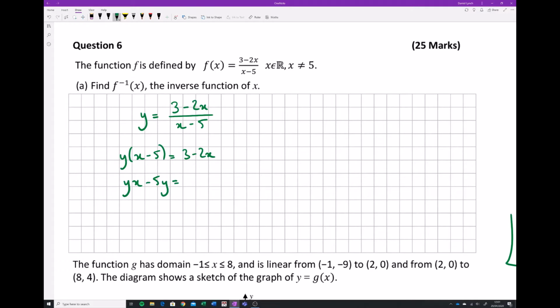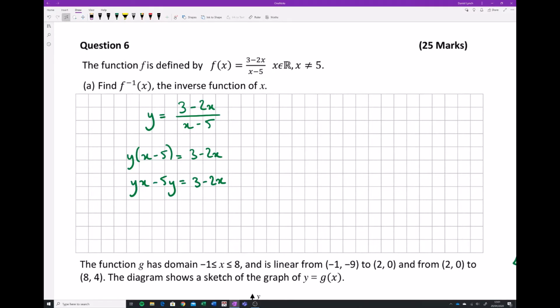That's maybe something that we might have a slight hesitancy to do, because we don't typically like to have y by x and stuff like that. Typically it means that you're not going terribly right in previous questions, but in this case it's absolutely fine.